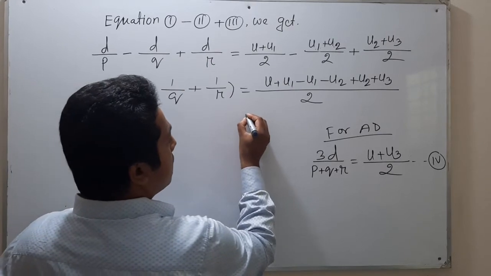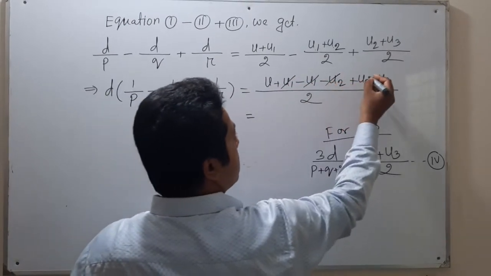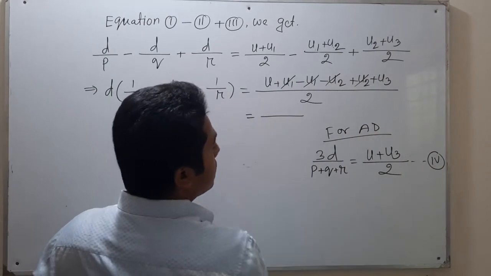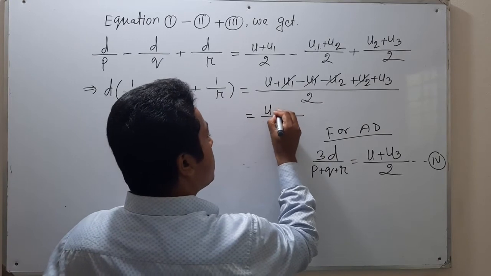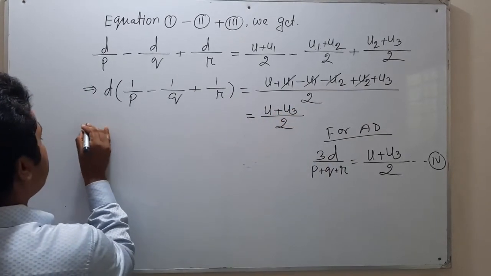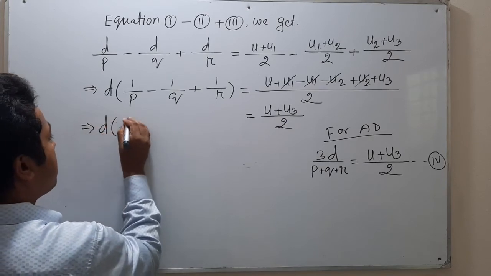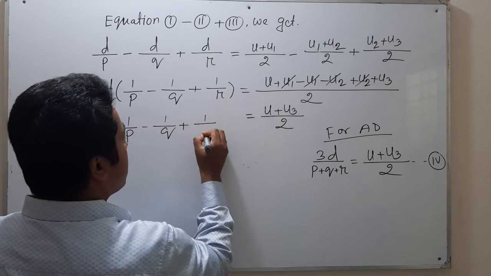Here u1 will be discarded, u2 and u2 also will be discarded. So u plus u3 divided by 2 is equal to d into 1 by p minus 1 by q plus 1 by r.